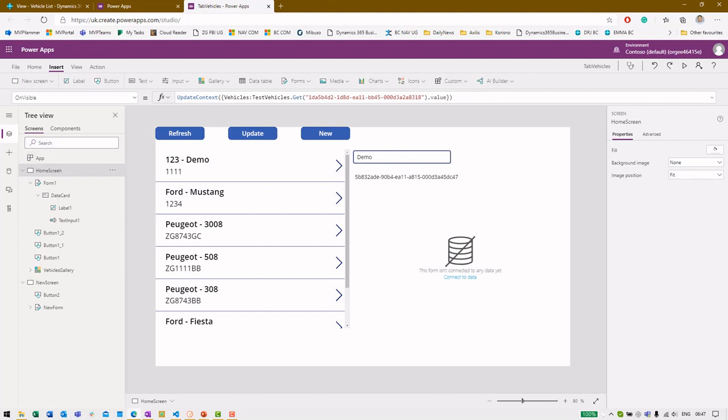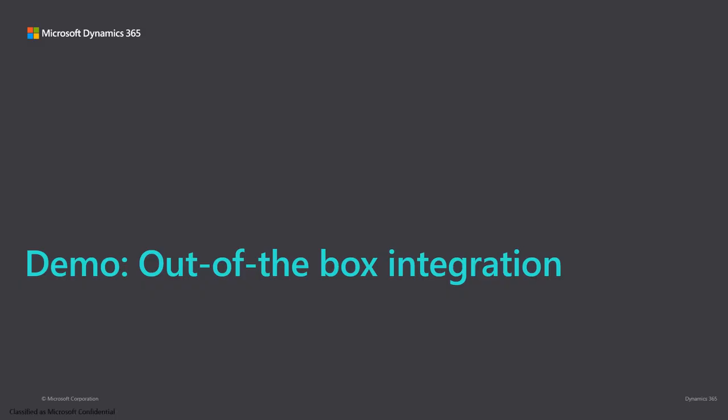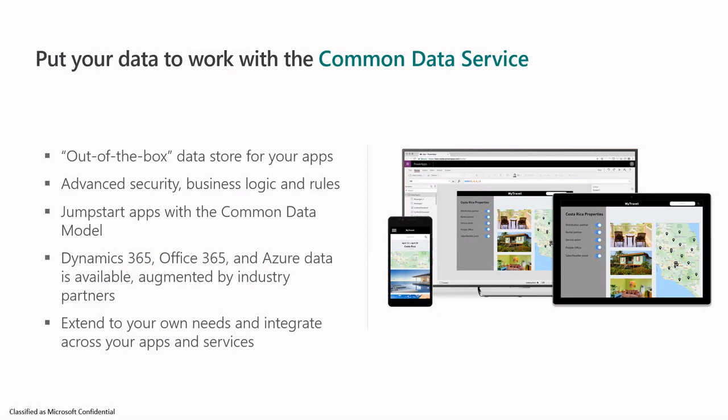So let's now continue to our presentation and speak about something about Common Data Service. Regardless of type of application, you have the option of using the Common Data Service. And Common Data Service is an out-of-the-box database for your applications.